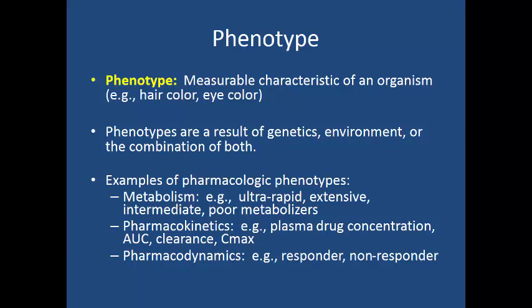We might be talking about pharmacologic phenotypes such as plasma drug concentrations and how they are similar or different between people with different genetic makeups. There are some other PK parameters as well. Or we might be talking about pharmacologic phenotypes from the pharmacodynamic perspective, such as someone who's a responder to a drug or a non-responder to a drug.